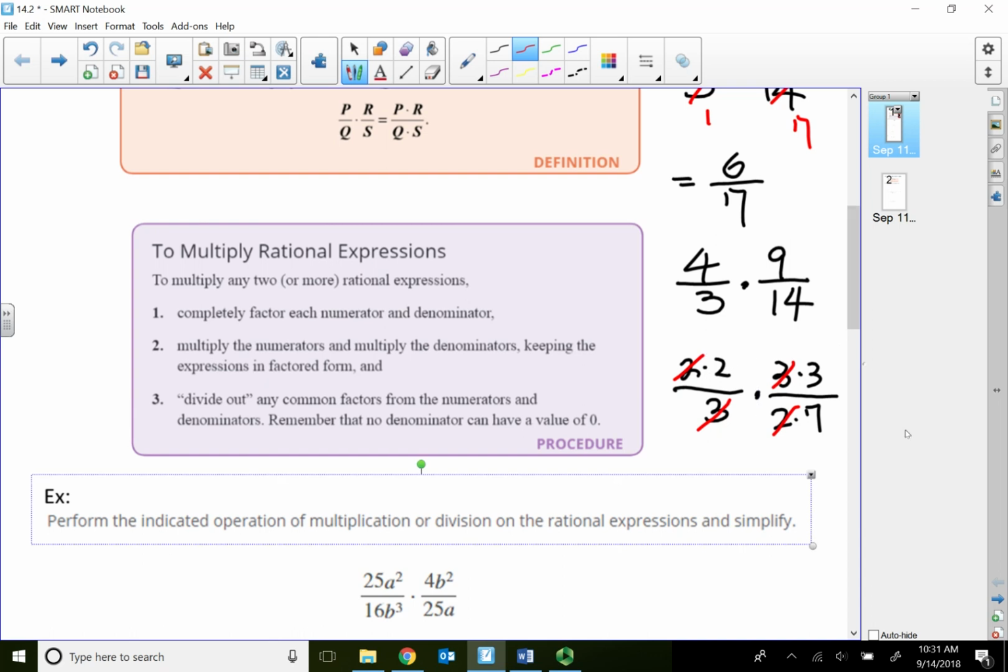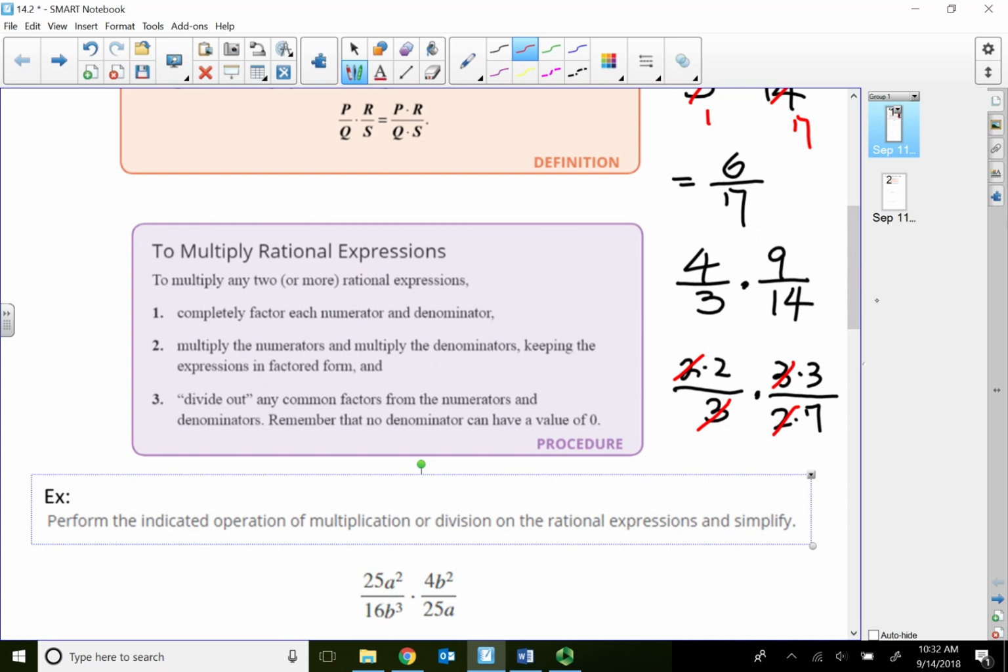And the reason why I wrote it this way is to show you that multiplication between anything is only one term. So we have to make sure our numerators and denominators are one term over one term before we can reduce top with the bottom. Okay?